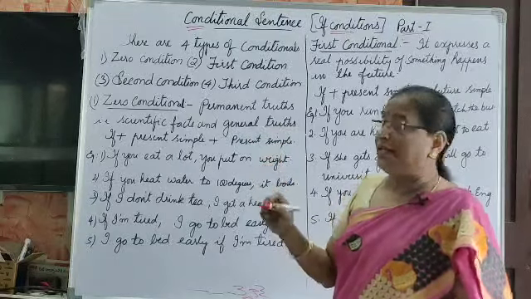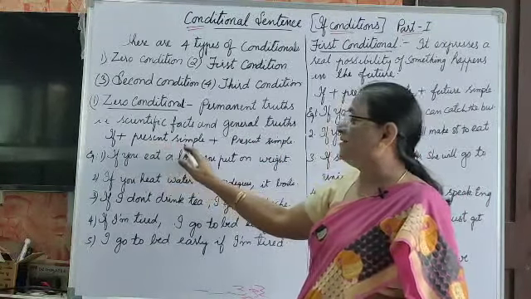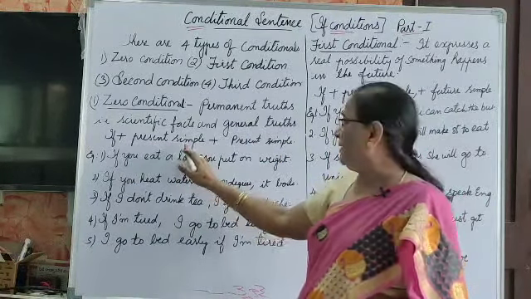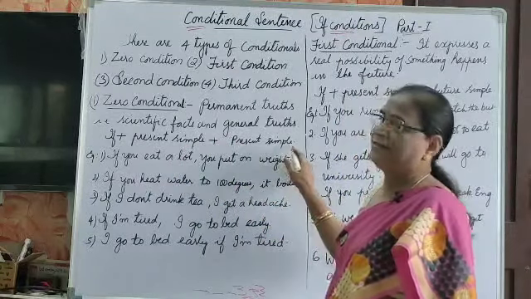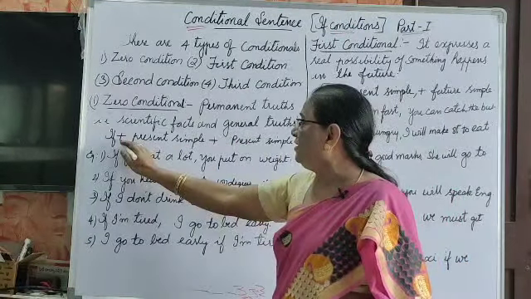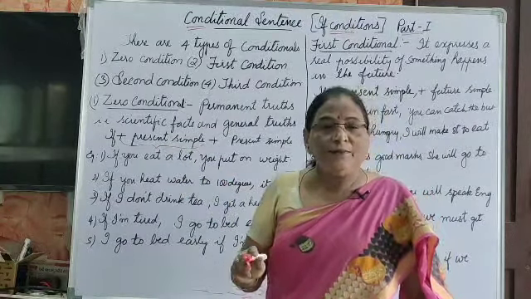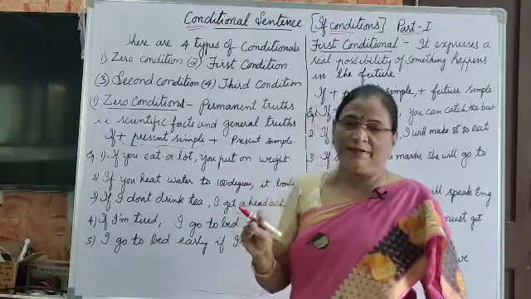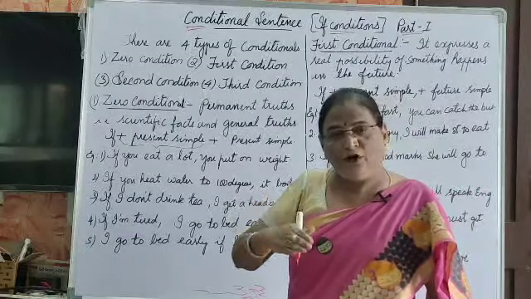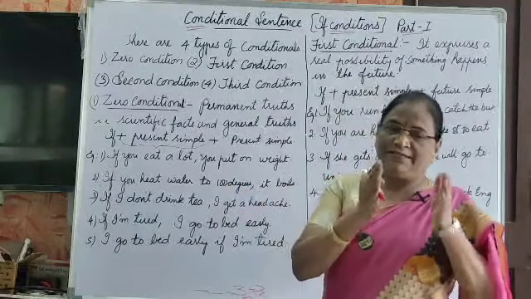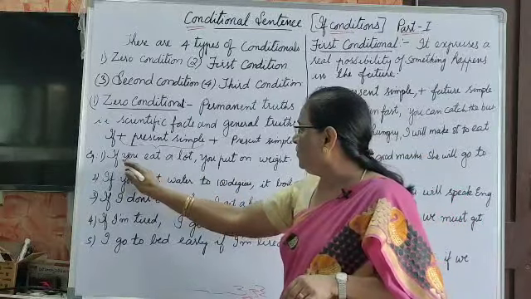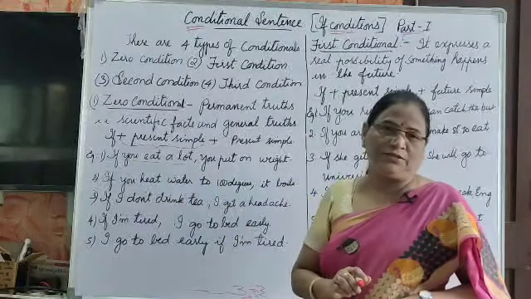And here the structure is if plus present simple, plus present simple. After this, it is a subordinate clause. It is nothing but a complex sentence. In a complex sentence we use one subordinate clause or dependent clause.